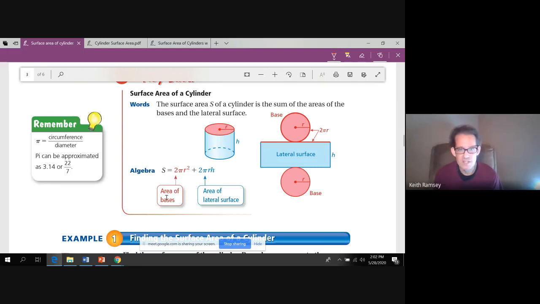The 2 here is the area of both bases, the top and the bottom, okay? Remember, pi is the circumference of any circle, that's the distance around it divided by the diameter. It's always going to equal 3.14 or 22 over 7.